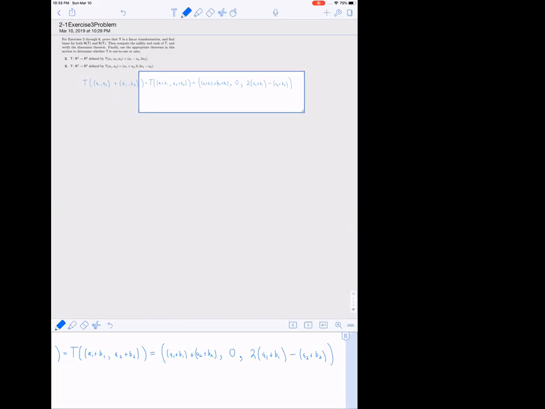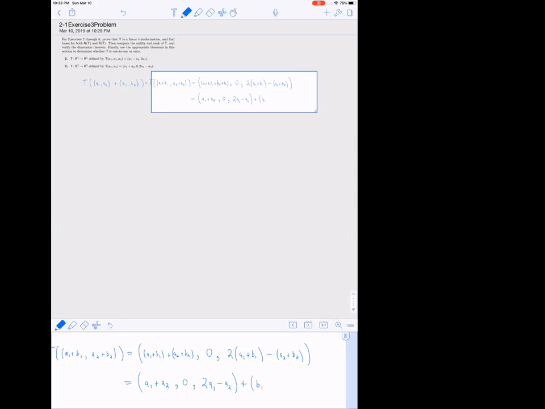All right, and now let's observe that we could split this up into a sum of two vectors that only involve A's and B's. So I'll write this as (A1 plus A2, 0, 2A1 minus A2), and then also (B1 plus B2, 0, 2B1 minus B2).